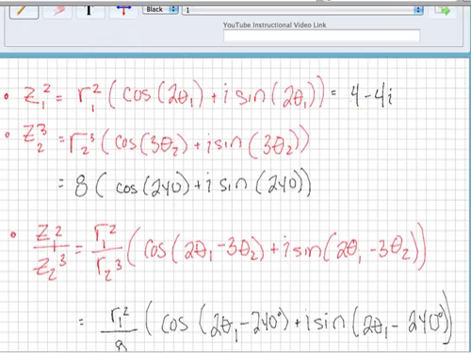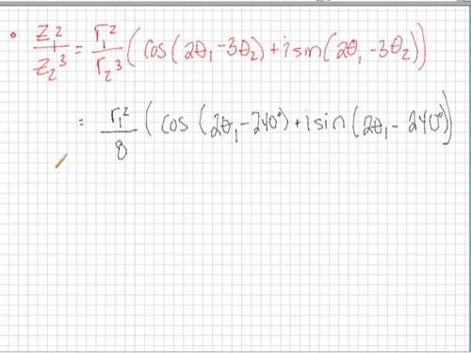I'm going to go ahead and take my a and my b, where my a is 4 and my b is negative 4, and I'm going to draw them on an xy axis.